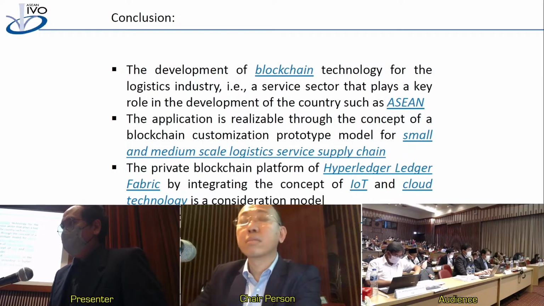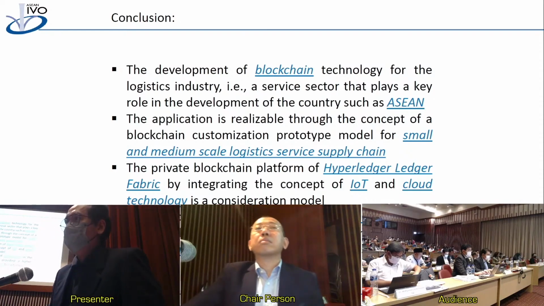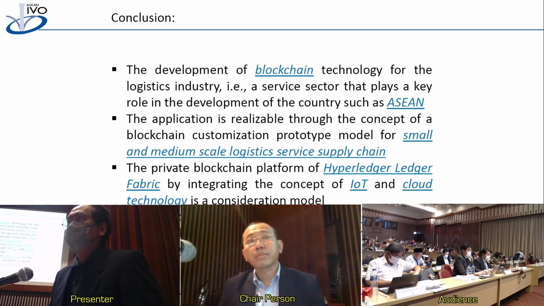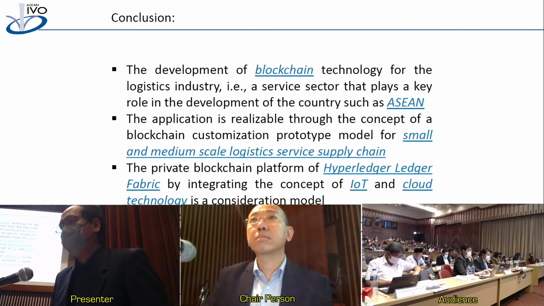One benefit of blockchain is that it can overcome this weakness that I explained, and I think this technology will be important for the industry or enterprise in the future, because right now the large scale companies already implement blockchain, but there are limitations for the small and medium enterprises.